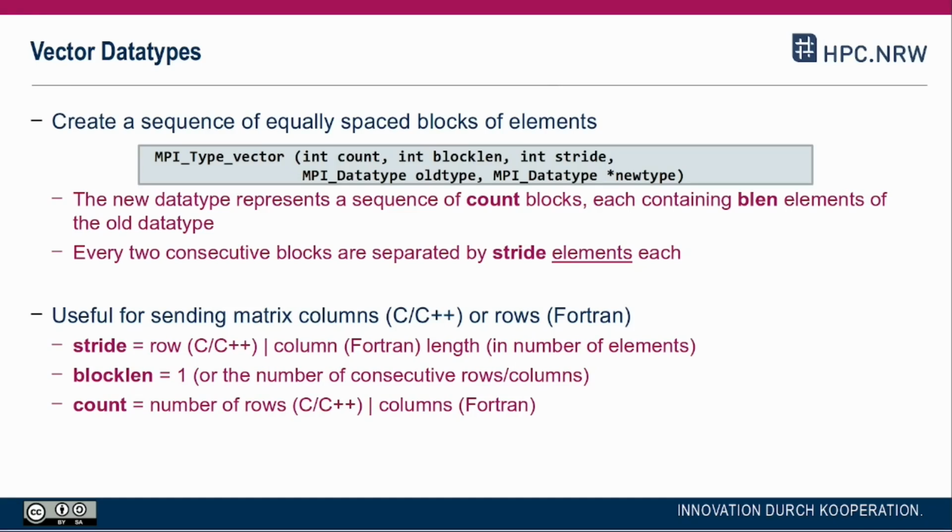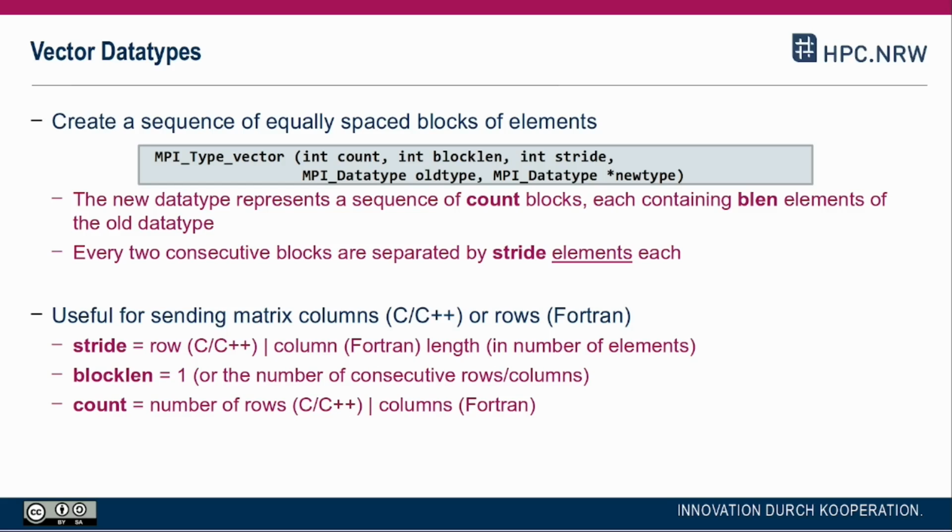But if you think of a matrix as one chunk of memory, a column now suddenly is not contiguous anymore, because a column has to skip the rest of the row until it comes to the next element in the column, and skip again, and so on. For Fortran, it's just transposed, right? So if you want to send a row, you have to skip the rest of the column, and so on.